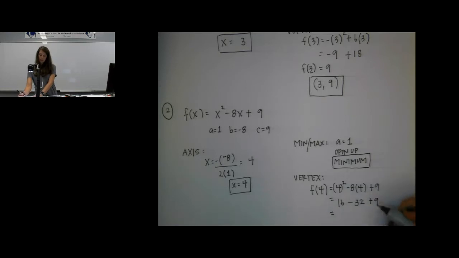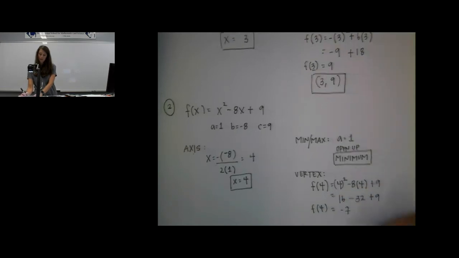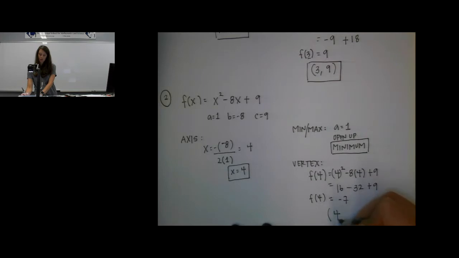So that's a negative 16 plus a 9, which is going to give me a negative 7. So the vertex is going to be at (4, -7). Okay? All right, good deal.